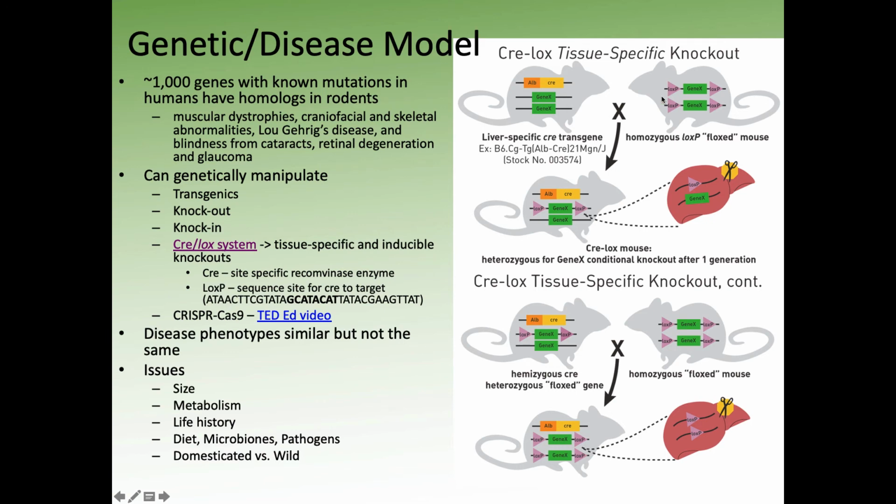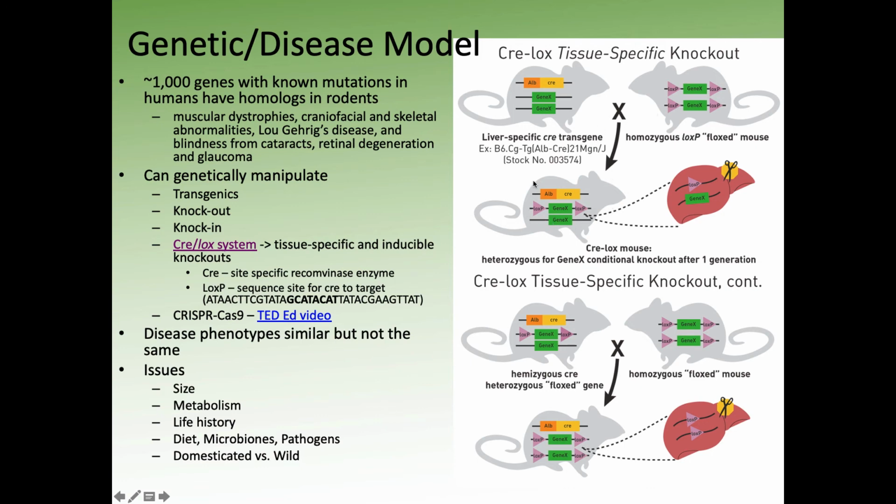And you have a LOXP mouse where you've genetically manipulated it so that it has LOXP sites before and after this gene X. And then you have a Cre mouse that has this liver-specific Cre transgene. So you've somehow added this Cre gene so that it's always going to be expressed in liver. It's always going to be expressing this Cre recombinase. And actually, this system originates from a viral system, from a phage system.